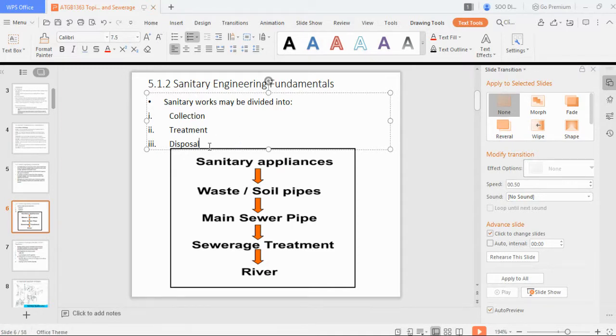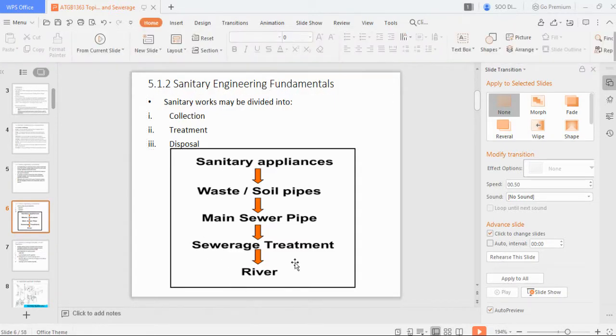And then you have your sludge. We actually dispose of our sludge as a fertilizer. We can sell it for money. So this is the disposal. This is the process of how the sanitary work goes through.